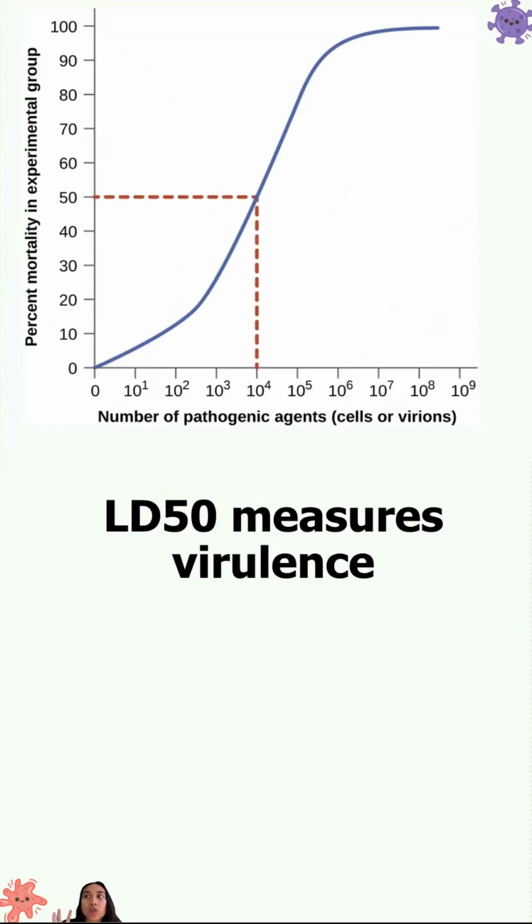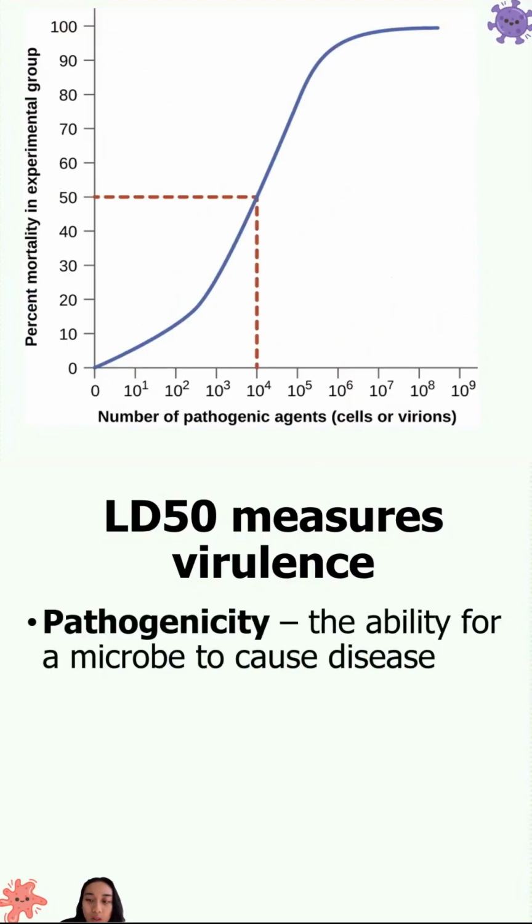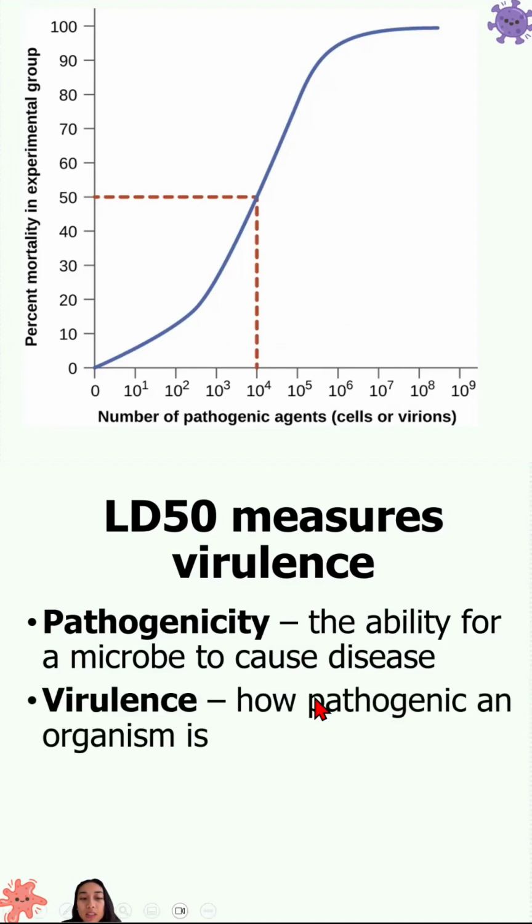Now, when we are describing a specific microbe, we describe it based on its virulence. And there's a couple vocabulary words that I want to get out first. So pathogenicity is just the ability for a microbe to cause disease. Some microbes are pathogenic, some microbes are not. And virulence is how much it is pathogenic. So the level of pathogenicity.